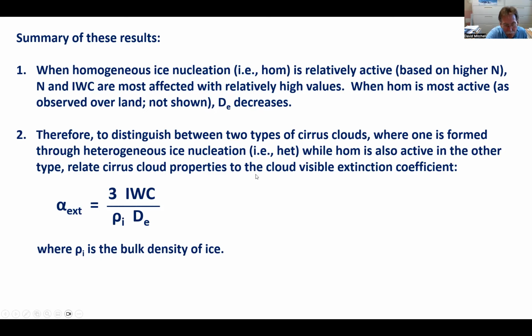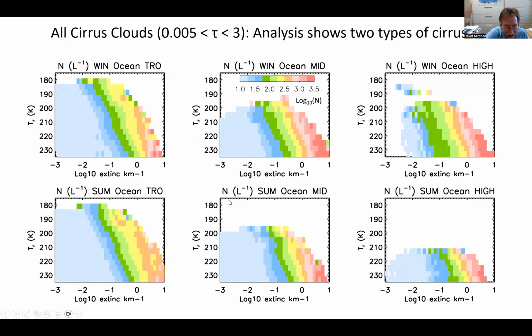So looking for a parameter to describe this transition between the heterogeneous and homogeneous cirrus clouds, we came up with the extinction coefficient, which is expressed as basically ice water content over the effective diameter times a constant. So extinction seems to be a good parameter to try to separate out these two regimes for homo and heterogeneous ice nucleation.